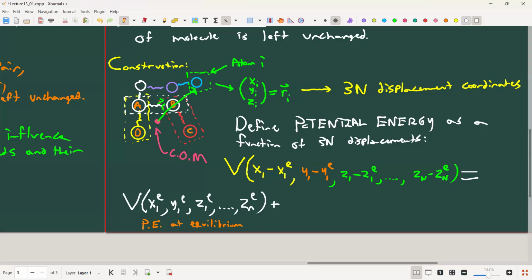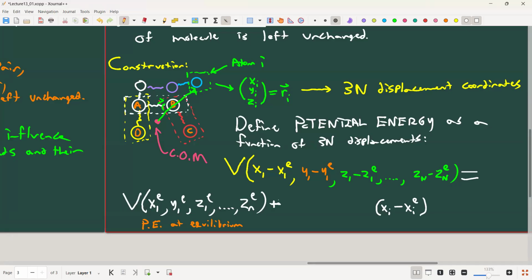Now we have a linear part of the function. I'm going to write this out a little wider. So that's going to look like x sub i minus x sub i e. You're going to have this linear part of that equation. And we have to add a slope to it, it needs to have a slope for it to be a line.